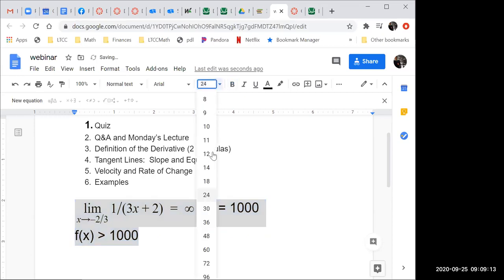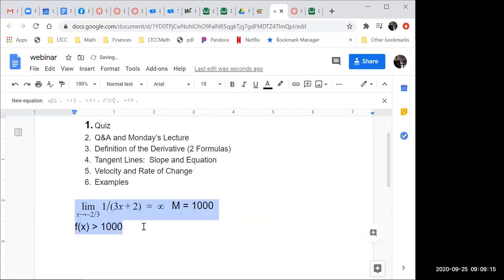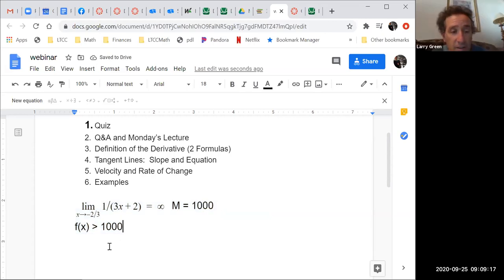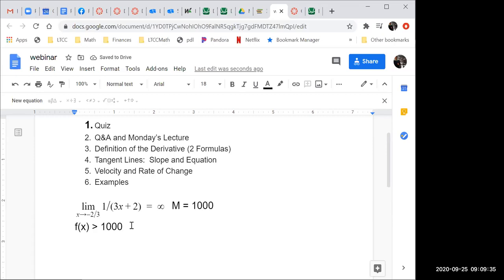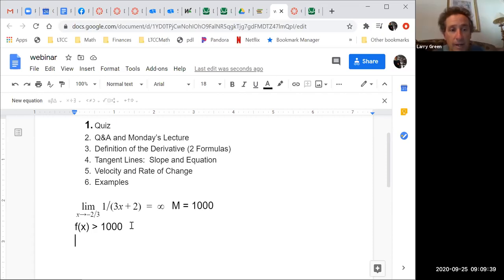Yeah. Okay, so what we want to do is find a value delta so that this will always be true as long as you're within delta of negative 2/3. Does that make sense so far? Yeah, I think so. Okay, so let's write this out.